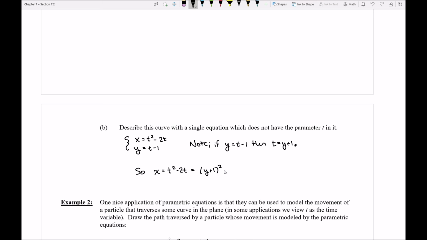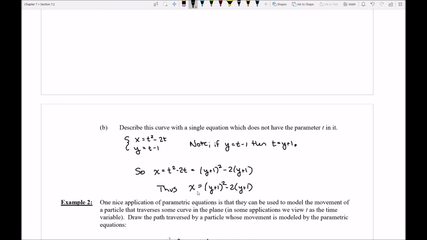So I could replace that with (y plus 1) squared minus 2 times (y plus 1). And so I can see that ultimately I have a formula that contains only x's and y's and no values of t. Sometimes this sort of maneuvering of one formula to get t isolated so you can plug it into the other is a great way to accomplish this task.